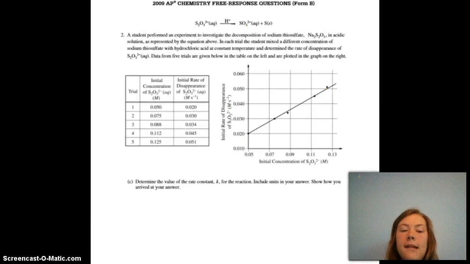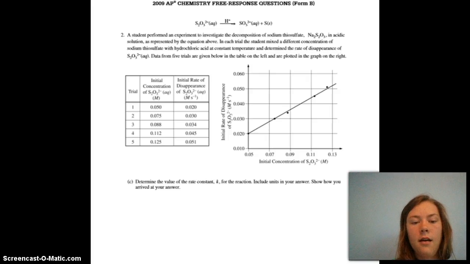Okay, so now part C asks us to determine the value of the rate constant K for the reaction. Make sure you include units in your answer, and you need to show the steps that you arrived at your answer. So the first step is to set up the rate law equation.